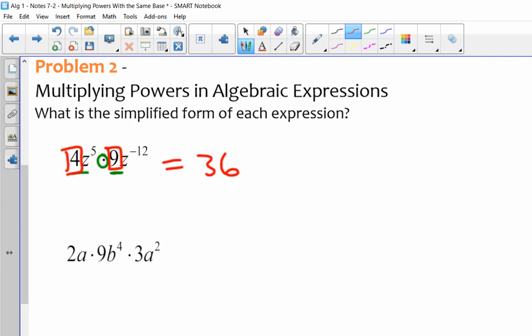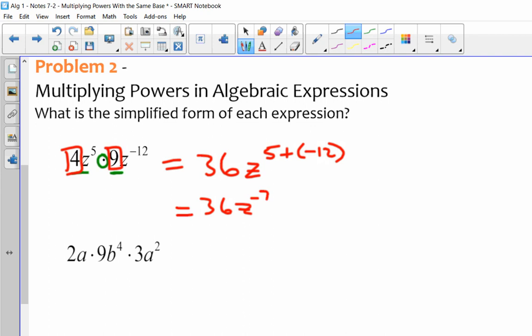My base is z, and I'm adding the exponents. I'll put that negative 12 in parentheses just because I had the plus sign. The plus sign is there because I'm adding the exponents, okay? So when I multiply these, I'm going to get this. I get that, taken by the rule.